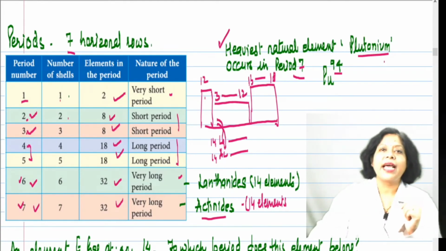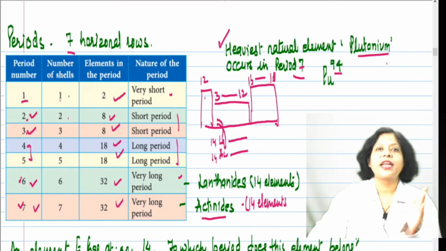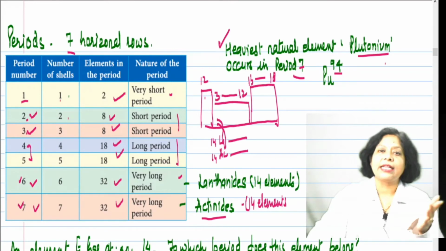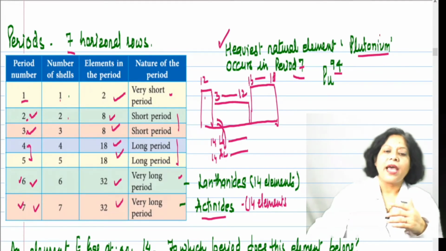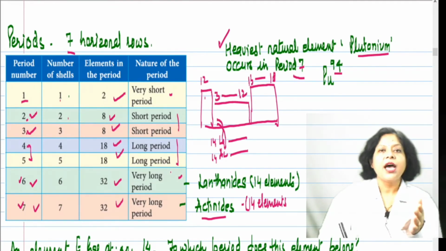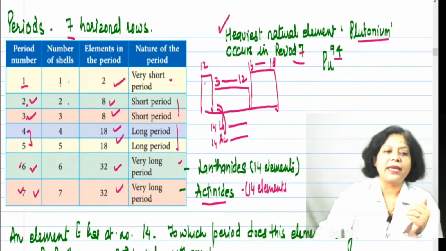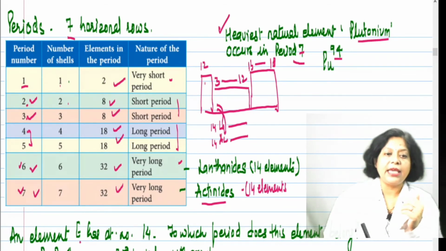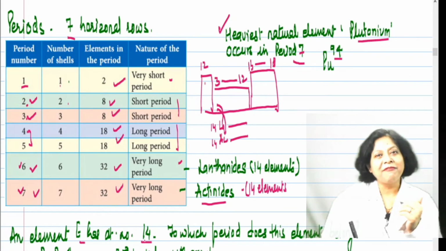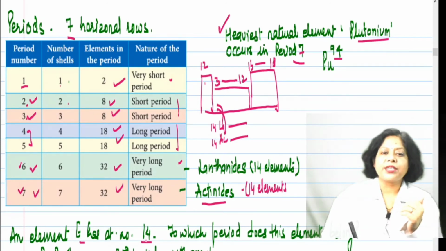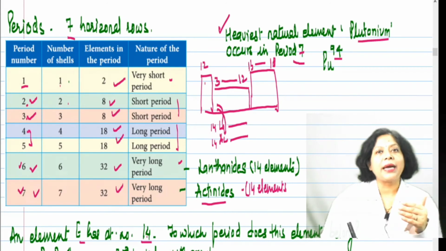Now with the help of periods and groups, children, we are able to identify the valence electrons, the size, the number of shells. And accordingly we are going to study how we can find out the behavior also. So let's take an example. Suppose there is an element E with atomic number 14, and you have to mention which period it belongs to. So we write its electronic configuration. 14 can be written as 2, 8, 4.